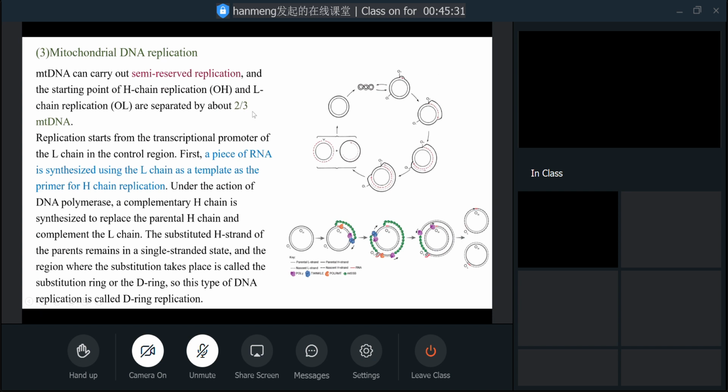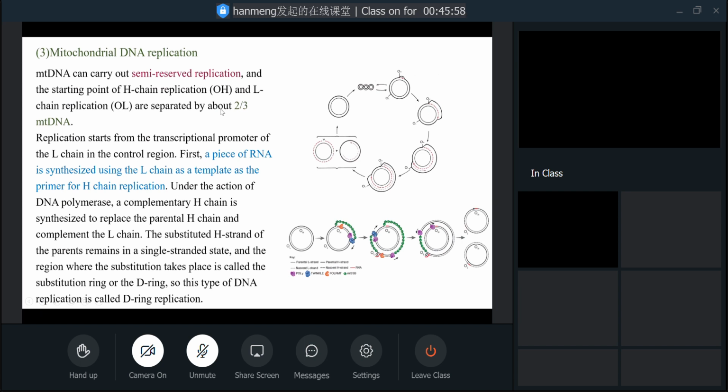From the picture, we can see here is the origin of the heavy chain, and here is the origin of the light chain, and the direction is clockwise.